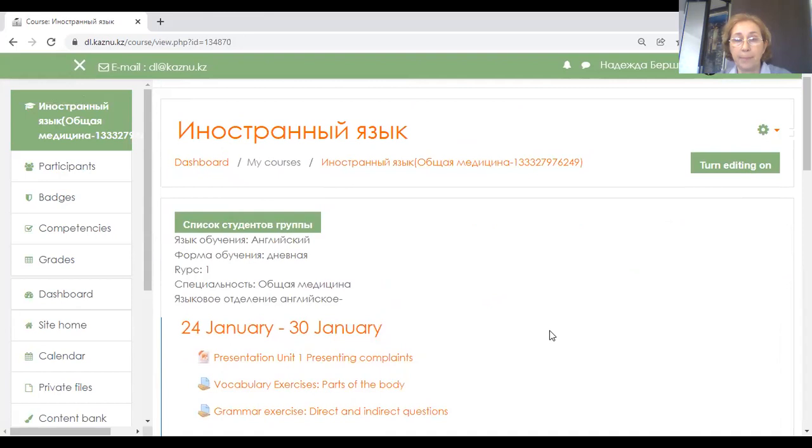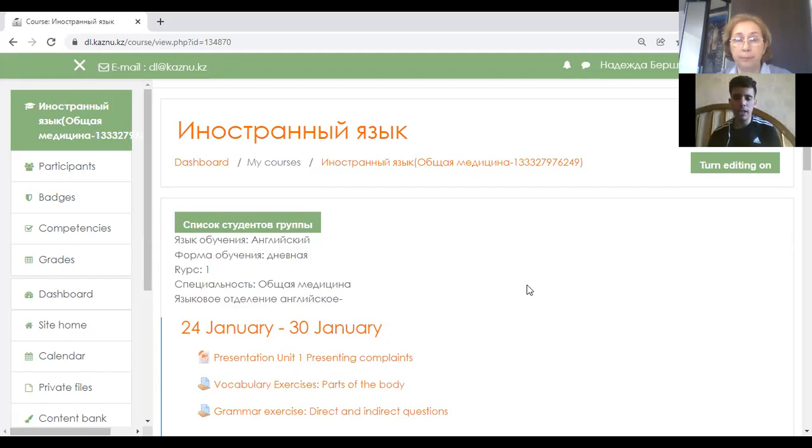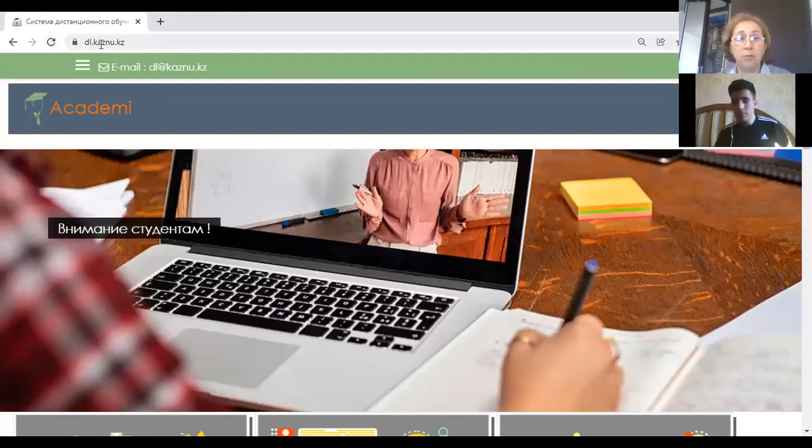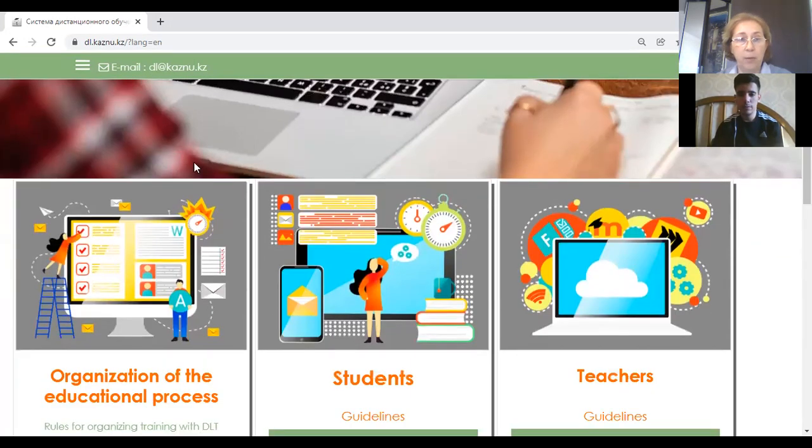Miss, until now, we don't know how to upload it. We will find something like a touch file or something like this when you open the site. First you need to go to, look, if I log out. First you need to just write dl.kaznu.kz. Do you see? Then you'll see a similar picture, in English. By the way, there are some instructions here on the main page.